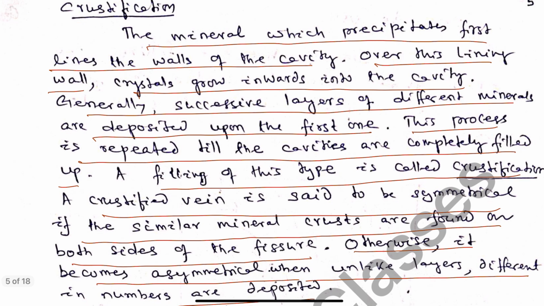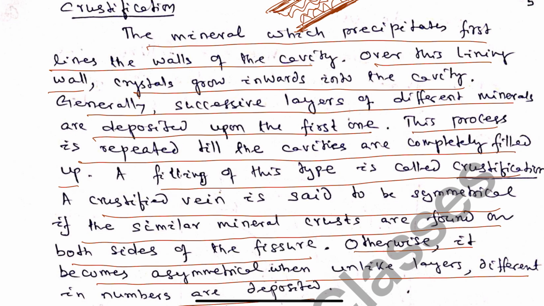So, in case of cavity filling deposit, the first feature is the lining. If this is the cavity, first the minerals are deposited over the walls, that gives rise to the first layer, that is lining. And then over this lining the minerals are deposited. The minerals are found to be deposited in one layer or many layers. The minerals may be of one type or many types.